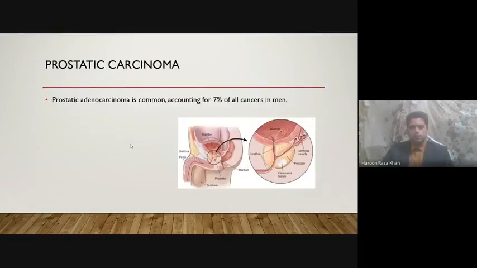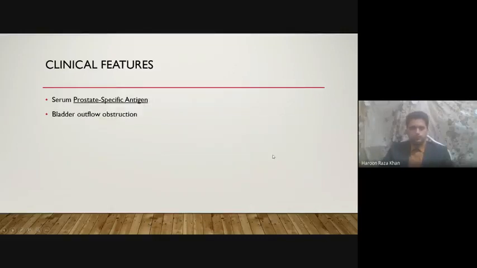Finally, we will talk briefly about prostate carcinoma. Prostate adenocarcinoma is common and accounts for 7% of all cancer in men. This is a large image of this view here, and notice this area of tumorous growth. This is a carcinoma, and it may obviously lead to swelling or extreme pain in this area.